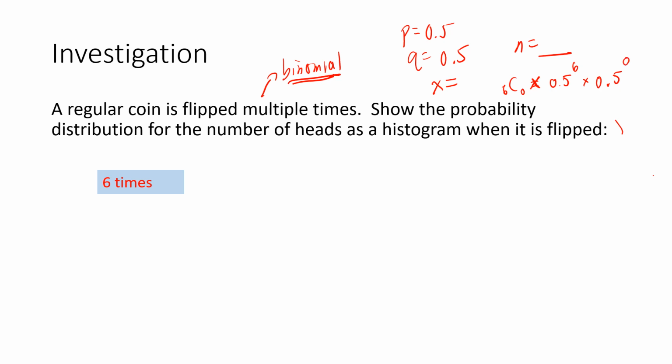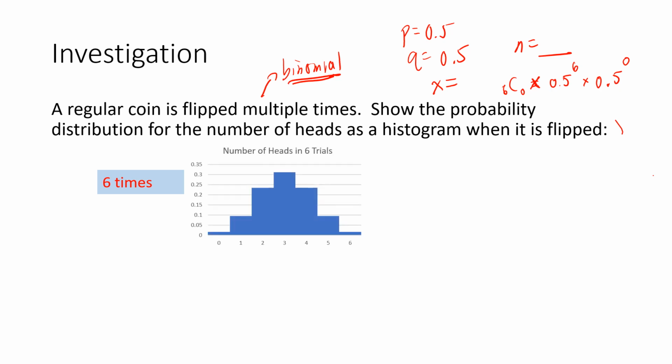In this case, x is 0. Now, if we were to do that for 6C0 for 0 successes, 6C1 for 1 success, 6C2 for 2 successes, etc., we should get a probability histogram that looks a little something like this.